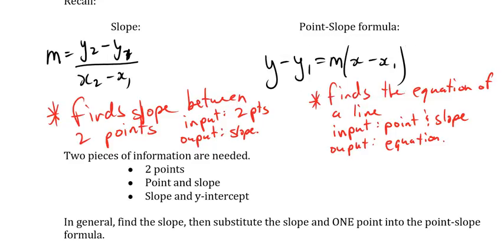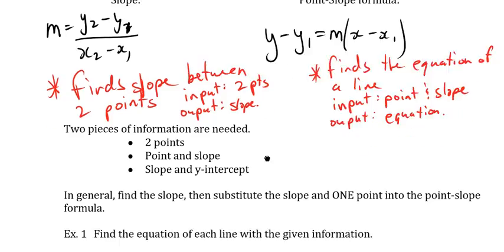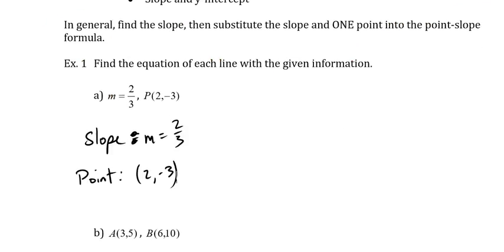My goal is to find the equation. That formula gives me the equation. I have what I need to use that formula, so I'm going to go ahead and use it. Ben, you had your hand up. We'll get there. Yeah, you'll see. Okay, so equation where my slope is 2 over 3 and my point is 2, negative 3.